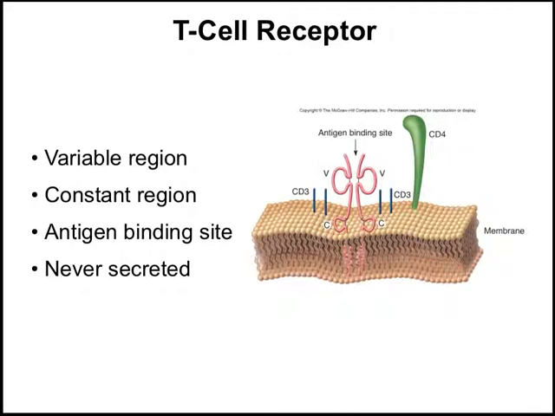It's never actually secreted, so they're only on the surface of T cells. They too have a variable region and a constant region, as well as their antigen binding site. Again, on T cells, we have both CD3 receptors as well as the antigen binding receptor, and either a CD4 or a CD8 receptor.